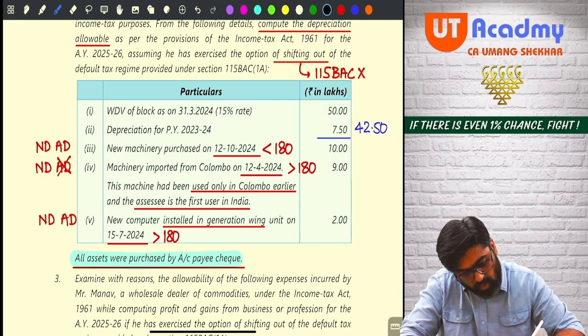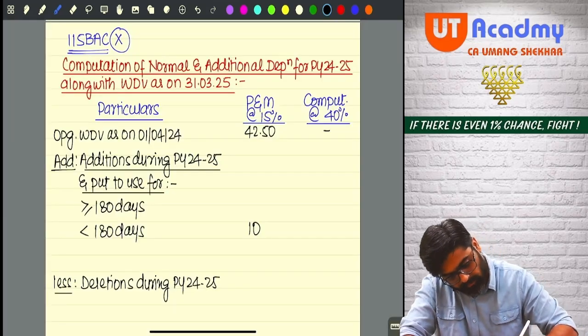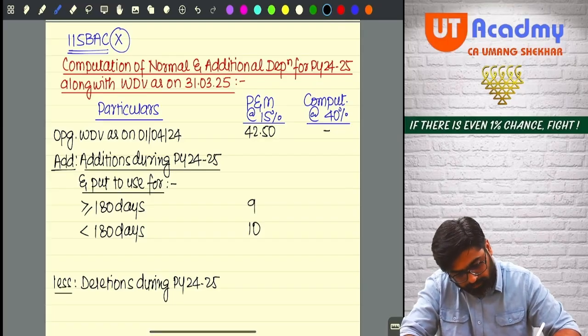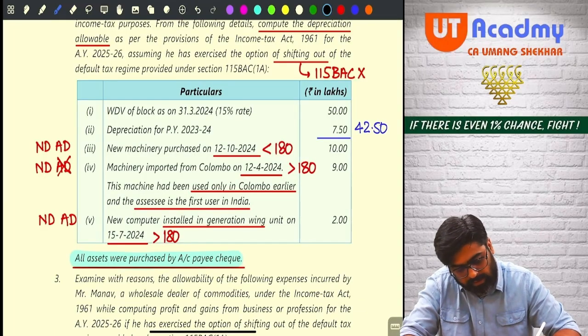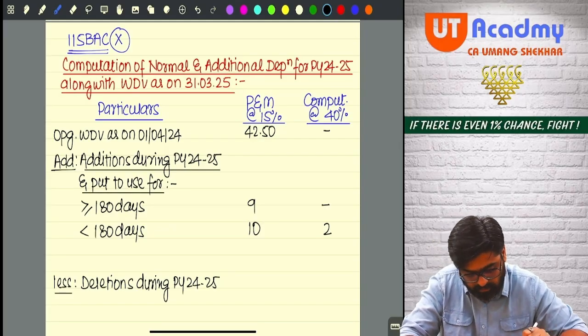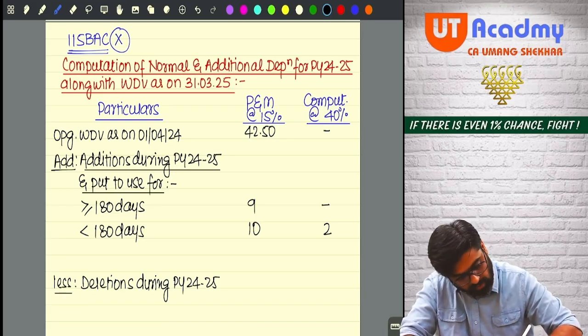And more than 180 days, it was 9 lakhs. Computer, it was for less than 180 days, it is 2 lakhs. And here it will be dash. Now, total.